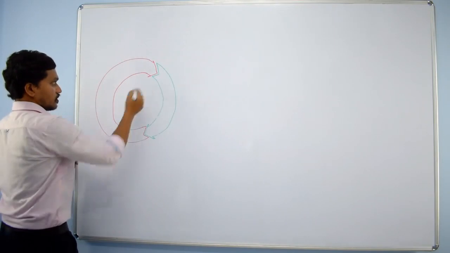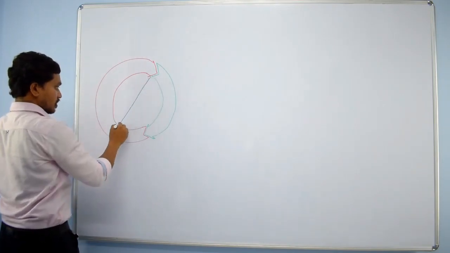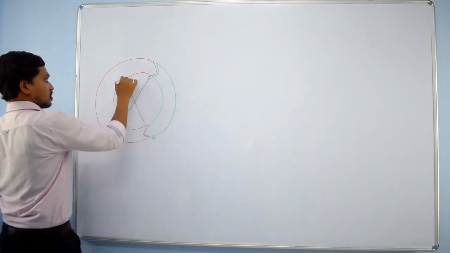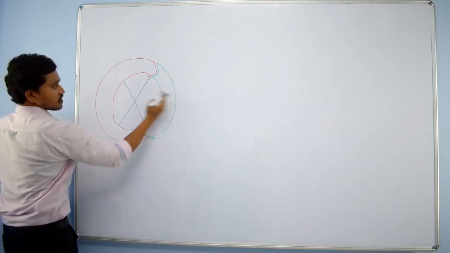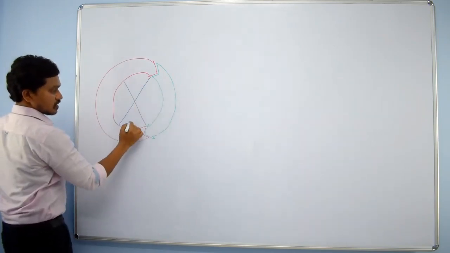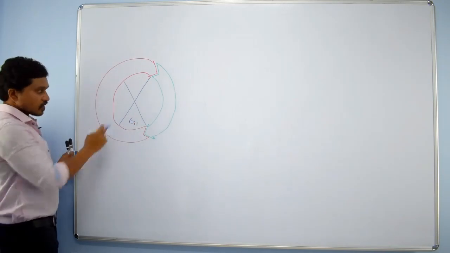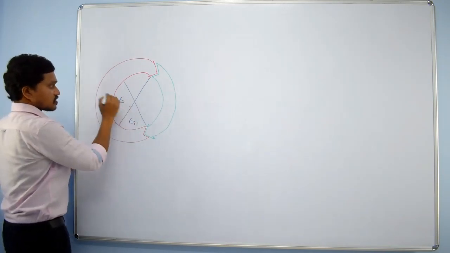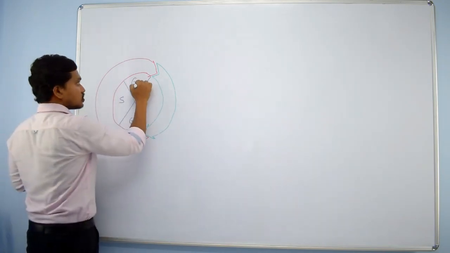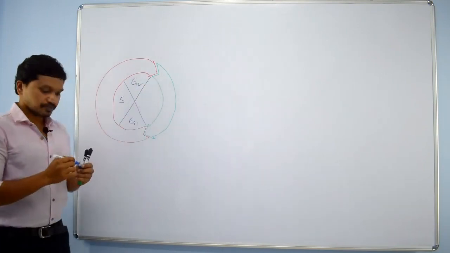So here I am drawing like this, so that this is M phase, this is G1 phase, this is S phase and this is G2 phase. Clear?